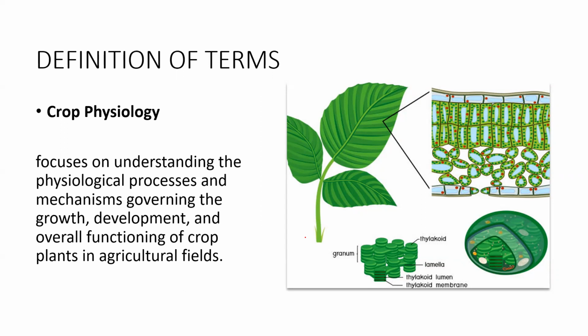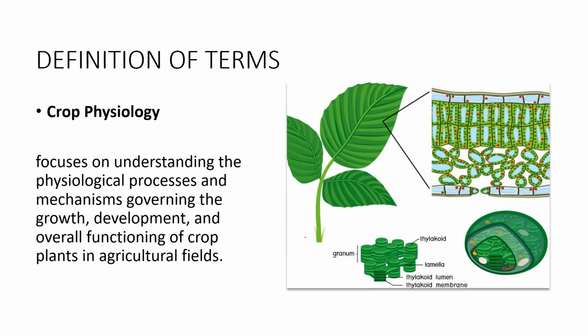So, kapag tayo bilang isang scientist or agronomist, how do plants develop, if we are talking about the physiological processes, what are the chemicals that are activated in the production of the leaves?